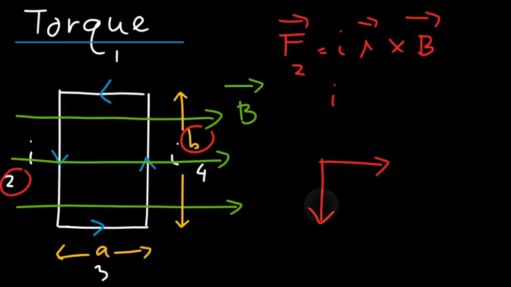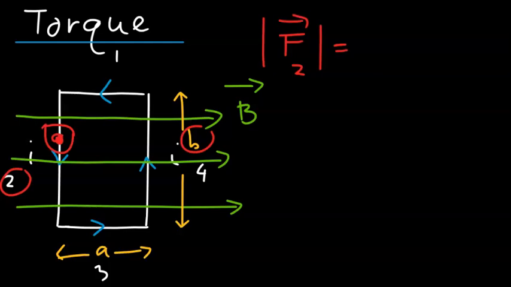When you cross from the length vector to the magnetic field, your right hand thumb will be pointing out of the board. So the direction of the magnetic force on side 2 is coming out of the board with a magnitude of I b B, where this little b is the length of that side.